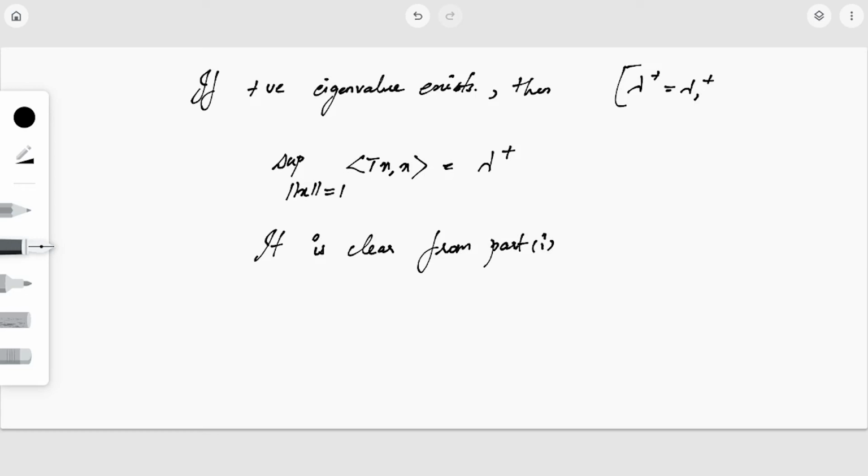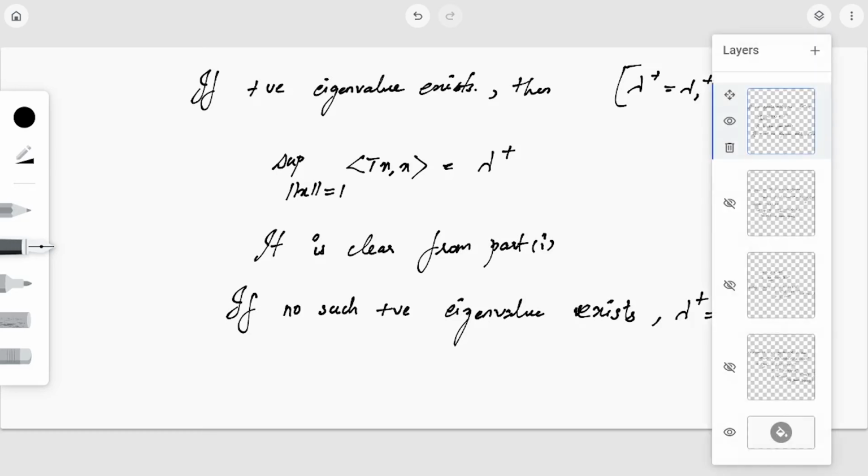Now suppose no such positive eigenvalue exists. If an eigenvalue exists, then we put lambda plus equal to 0, right? Now what happens if such an eigenvalue does not exist?